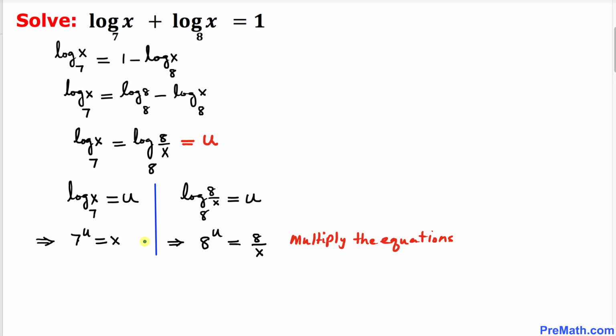Here's our next step: let's multiply these equations, the left hand side with the left hand side, and the right hand side with the right hand side. So 7 power u times 8 power u equals x times 8 divided by x.